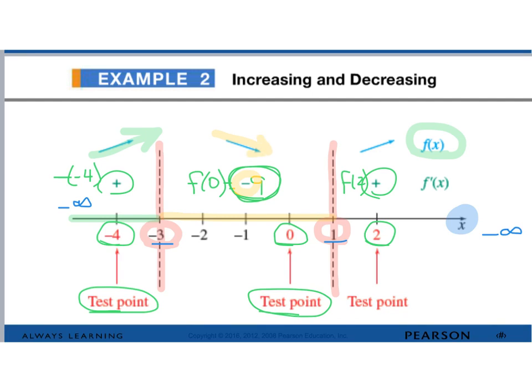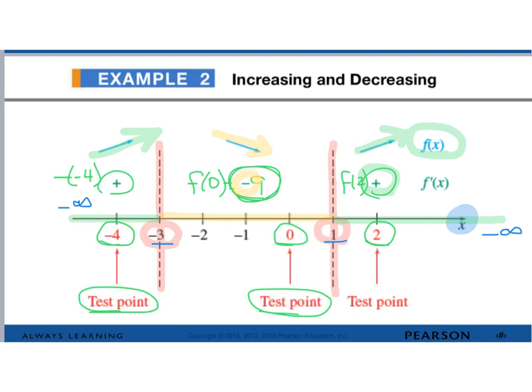It has a negative slope. And then again on the last interval, going from 1 to positive infinity, the value of the derivative was positive, which tells us the function is increasing. And this is the test that I will expect you to use for whatever function I give you to tell me whether it's increasing or decreasing.